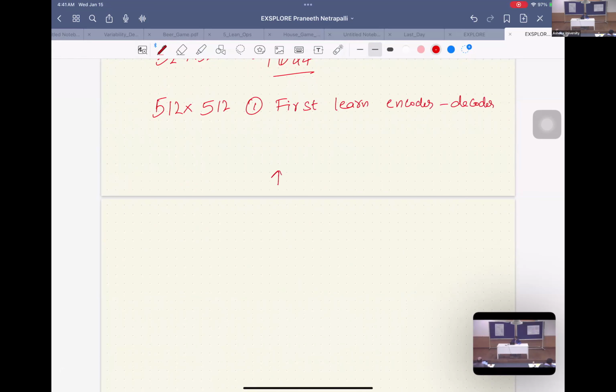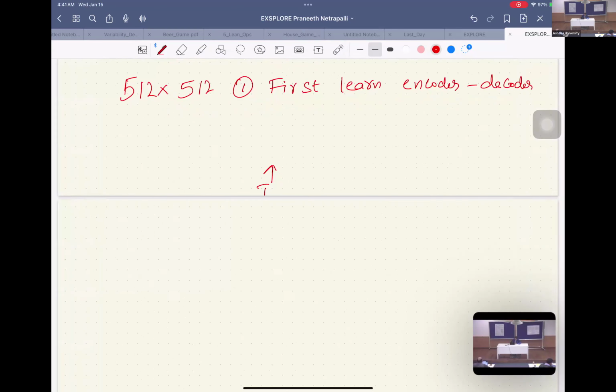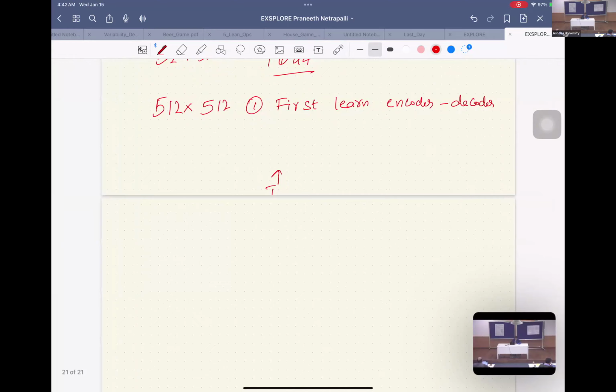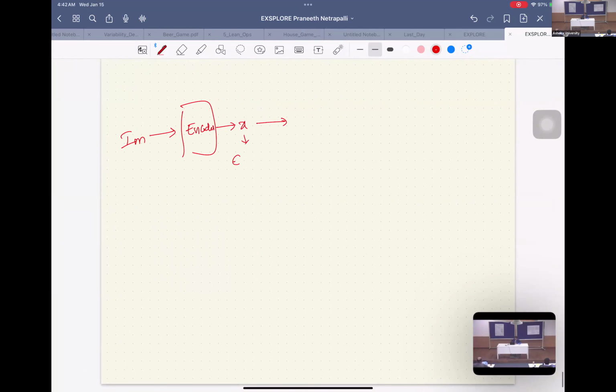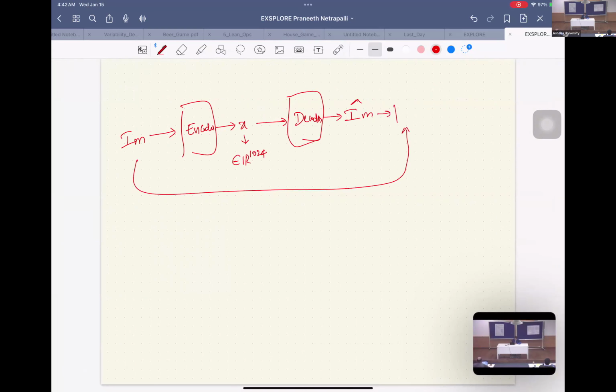Okay, so you pass the image here to the encoder, and then you will get a representation X. Maybe this will be only of order R^1024 or something like that. And then you will have a decoder, and then let's say you have the reproduced image hat, and you minimize the reconstruction loss, right?